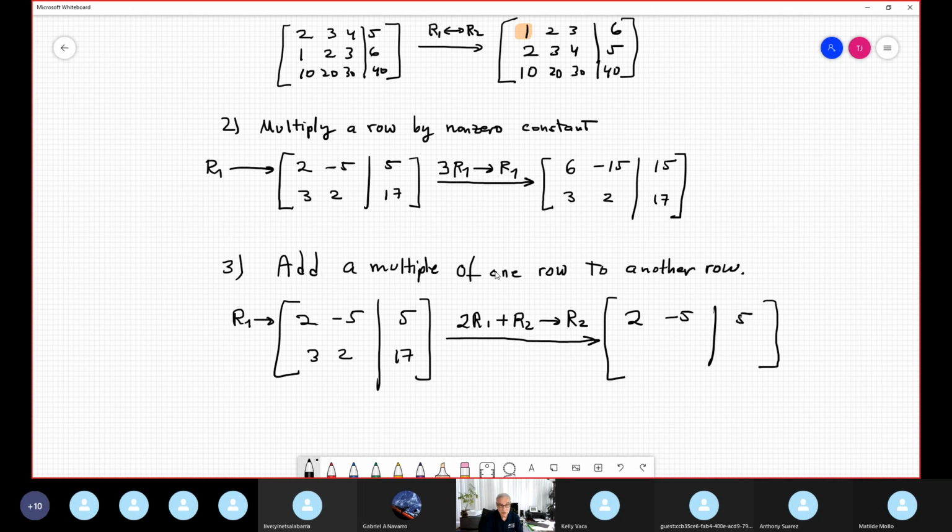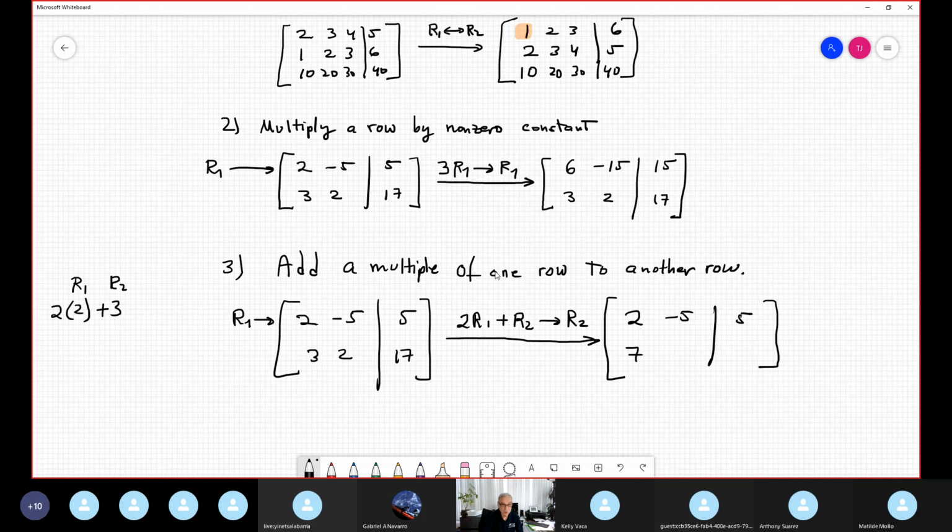These two get a constant: 2 times 2 is 4, plus 3 is 7. You follow me? So it's 2 times 2 plus 3, no? This is row 1 and this is row 2. Okay?